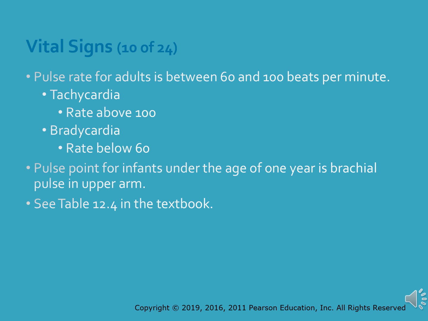With infants, the primary pulse point for obtaining a pulse in infants under the age of 1 year is the brachial pulse in the upper arm. This is due to the difficulty in isolating the radial and the carotid pulses given the underdeveloped anatomy of these small children. To obtain a brachial pulse in an infant, place your index and middle finger over the brachial artery on the inside of the baby's upper arm between the elbow and the armpit.